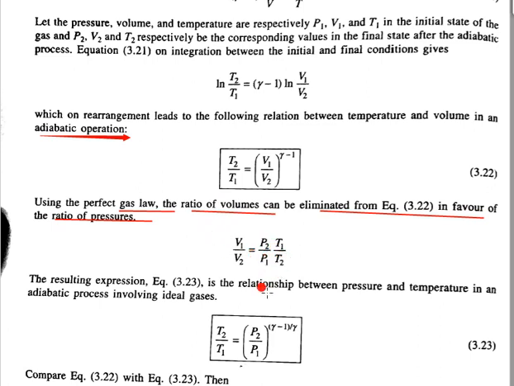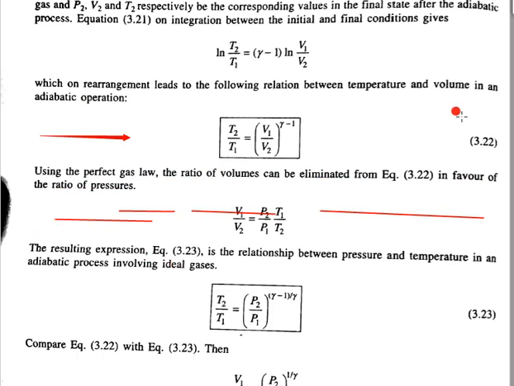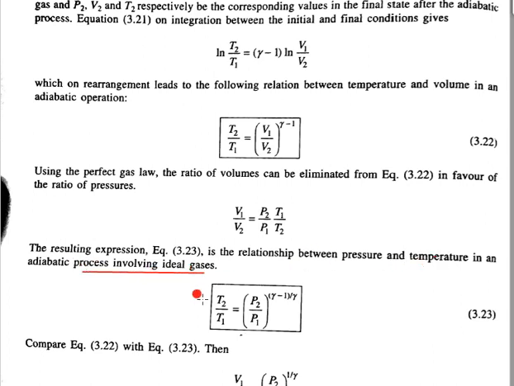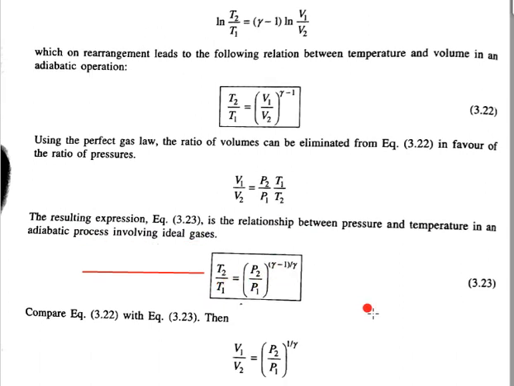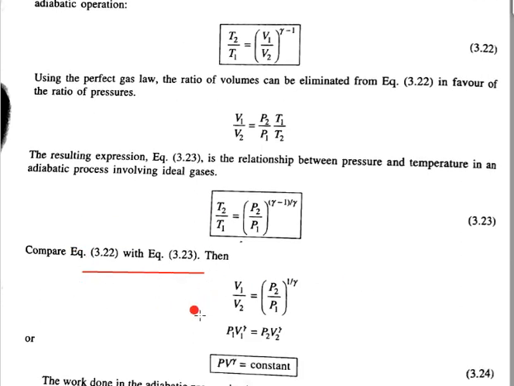So the resulting expression, 3.23, is the relationship between the pressure and temperature in an adiabatic ideal gas. So T2 upon T1 is equal to P1 upon P2 raised to gamma minus 1 upon gamma. So compare this equation to 3.22 and 3.23. So V1 upon V2 is equal to P2 upon P1 raised to 1 upon gamma.